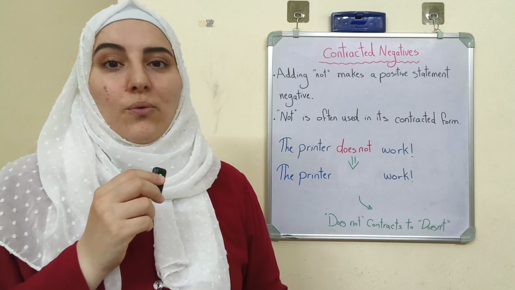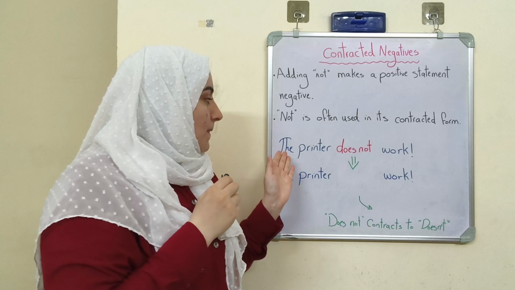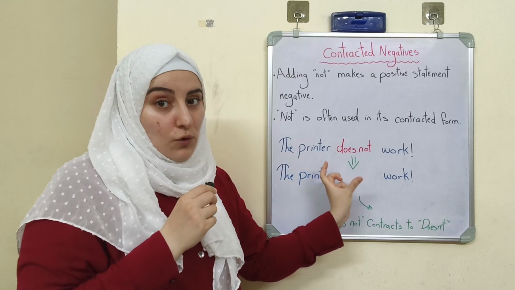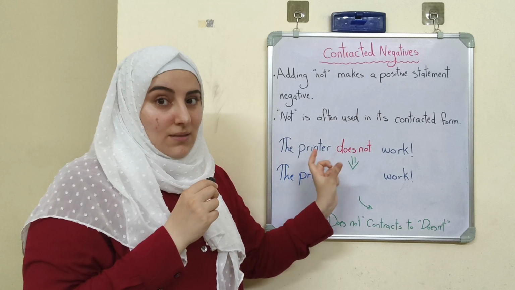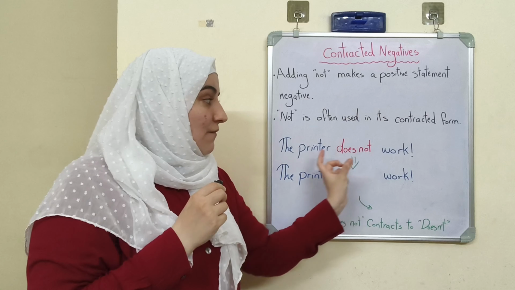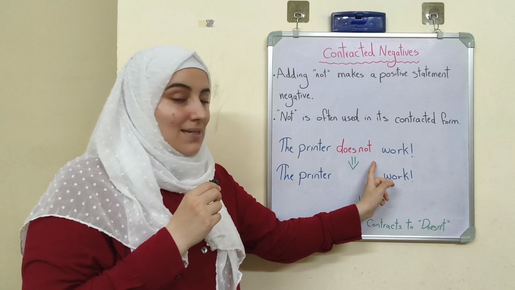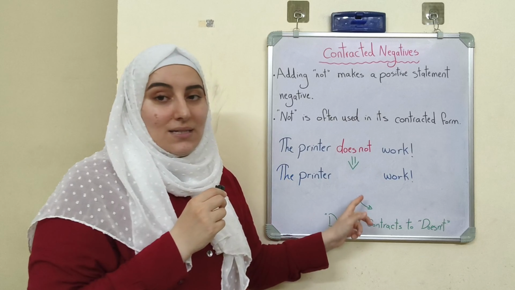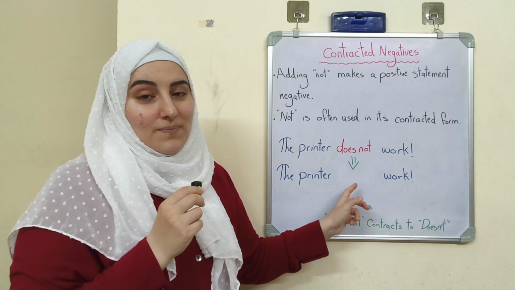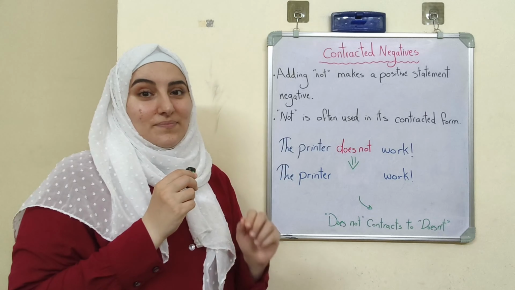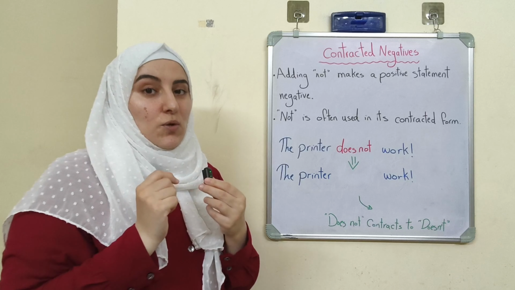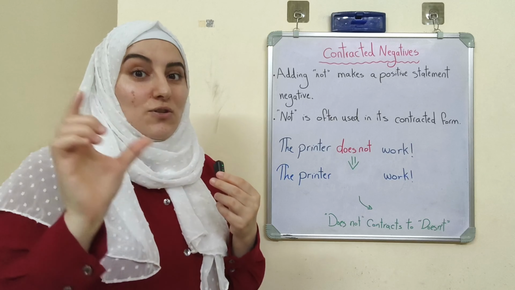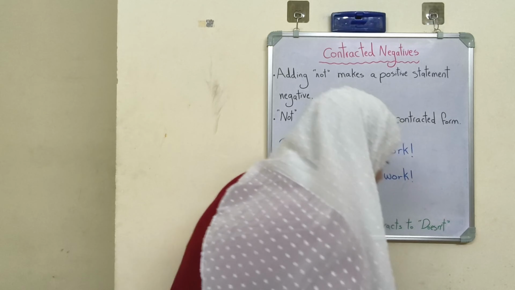We're going to go through examples. The printer does not work. It's a full form. How can we change does not into a contracted form? Think about it. Great job. We have to use the apostrophe to make it shorter.